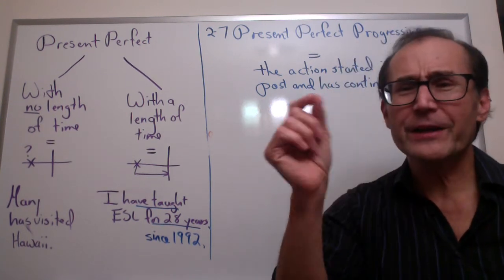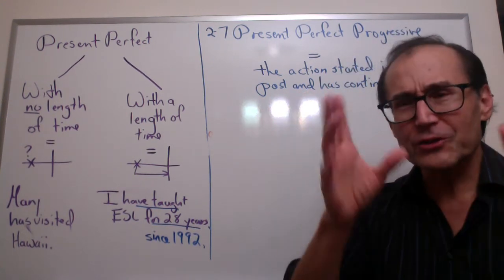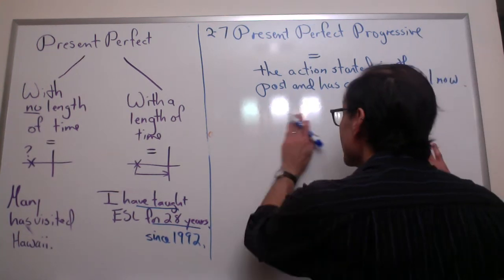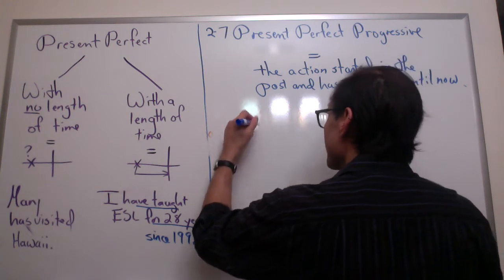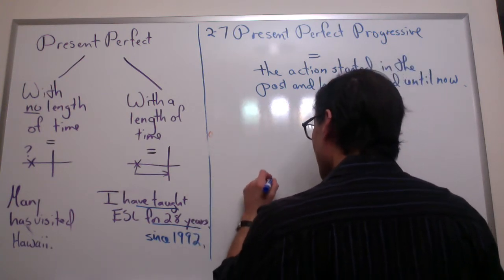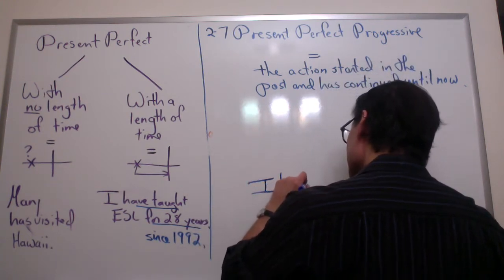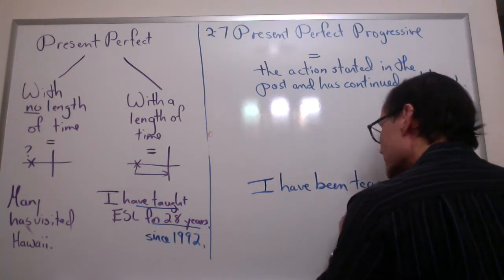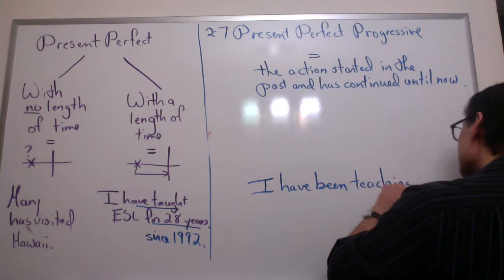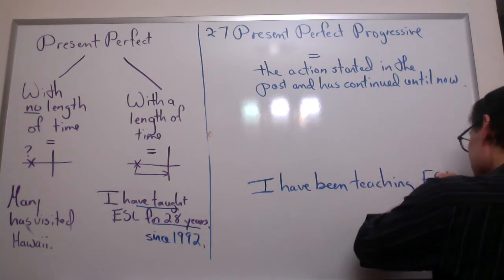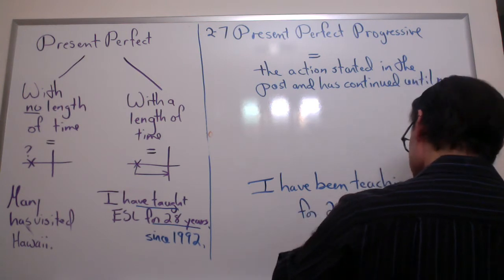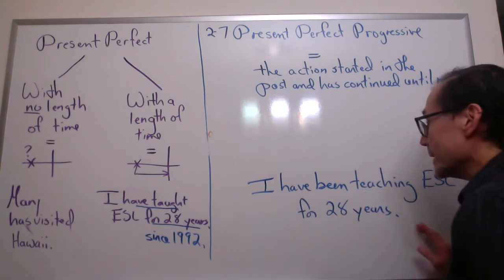It could be maybe very close to now. But let's just say now for right now. So let me give you an example. I might say, I have been teaching ESL for 28 years. Now let's talk about what that means.